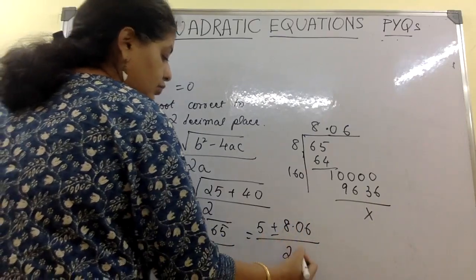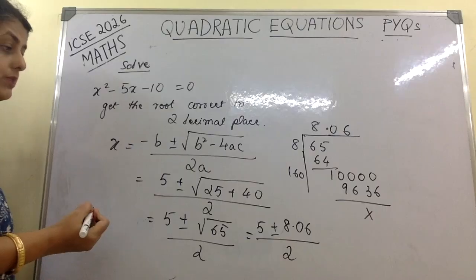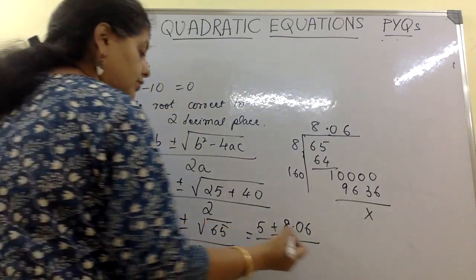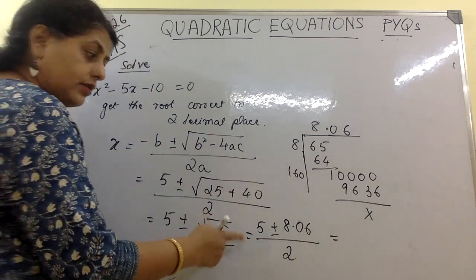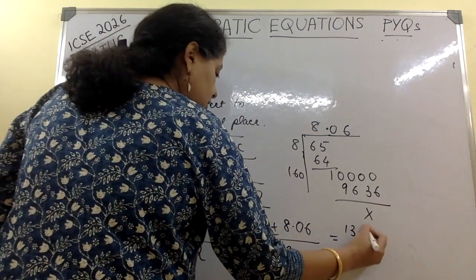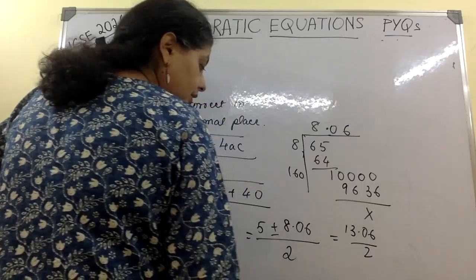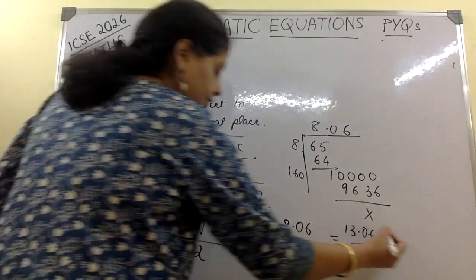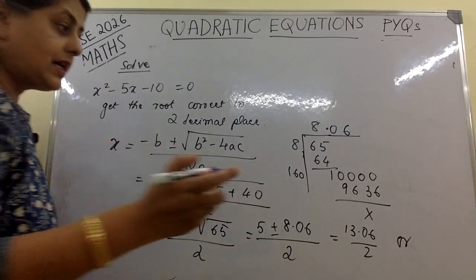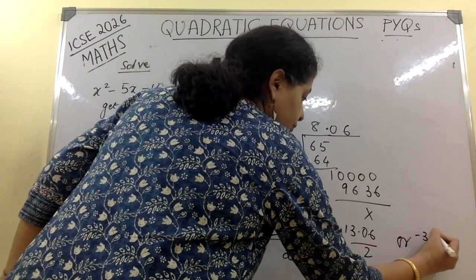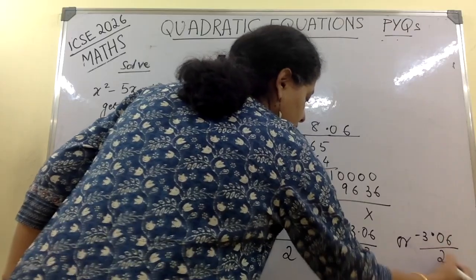Then you get 9636. Okay, so what you get is 5 plus minus 8.06 by 2. Once you use the plus sign, you get 13.06 by 2, or if you use the minus sign, you get minus 3.06 by 2.